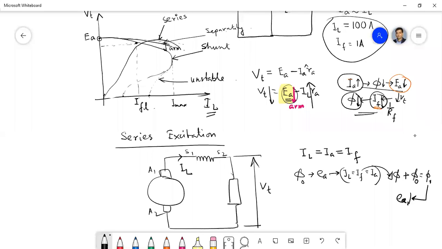Okay. Now, if we have two characteristics at a time, that means series plus shunt, and let me write like this, shunt minus series.